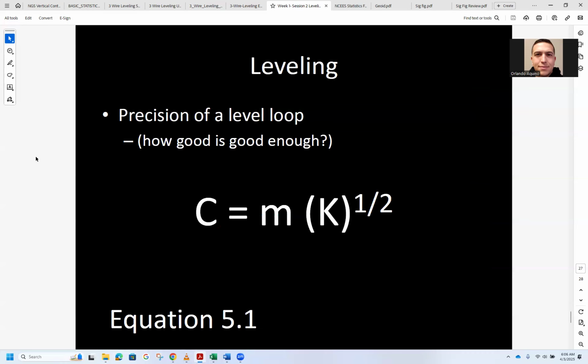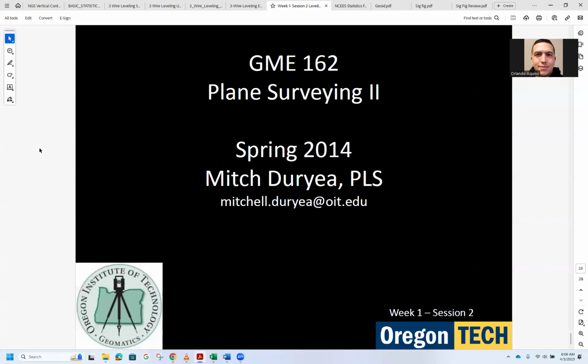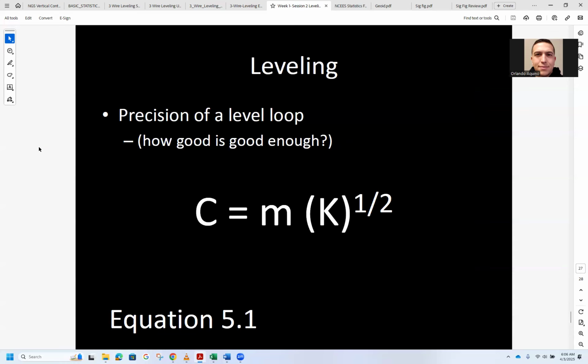Let's see. How precise of a level? Well, again, we're using minimum class 3. So when we use this formula, C equals m root K, 1.5. Where is that level? I just saw it not too long ago. Yeah, C is the allowable loop misclosure, M is a constant, and K is the total line length in kilometers.